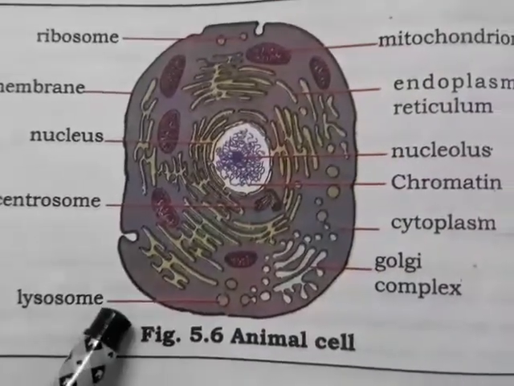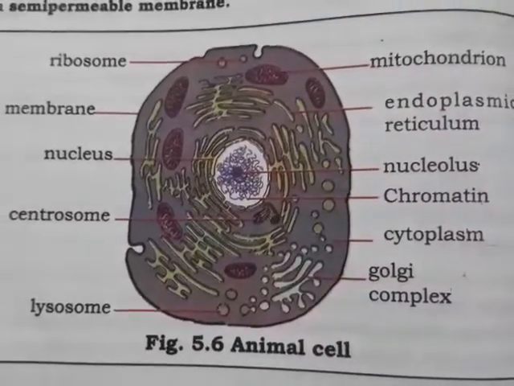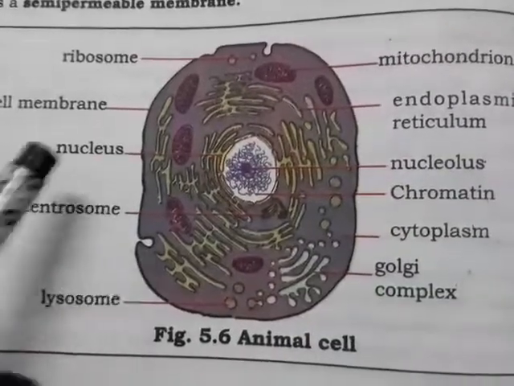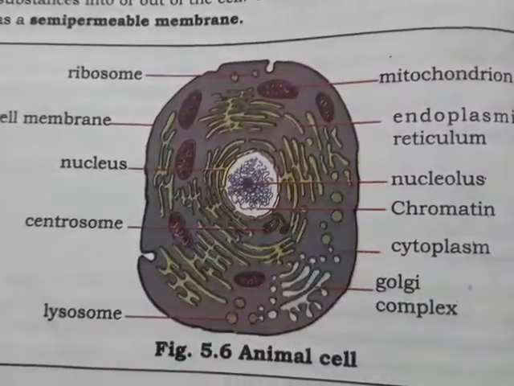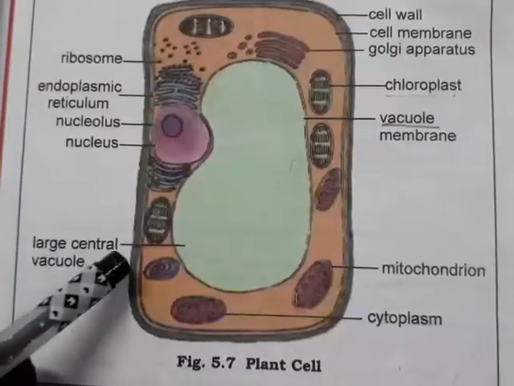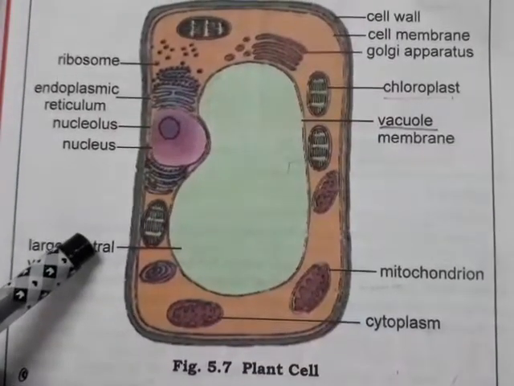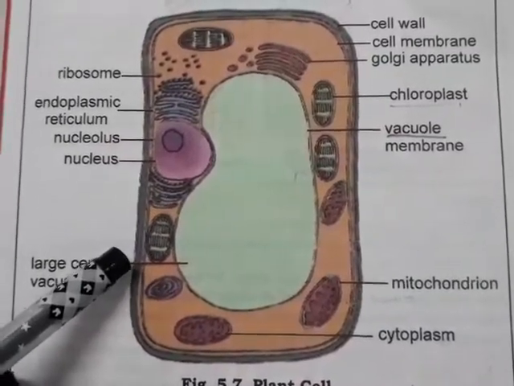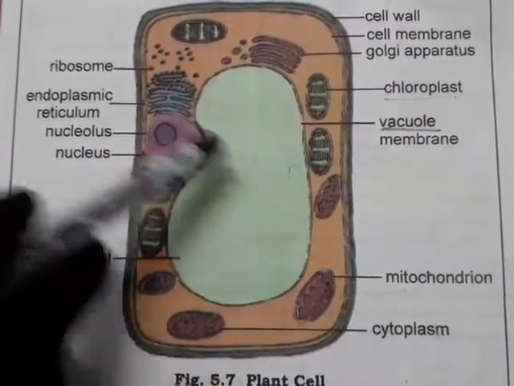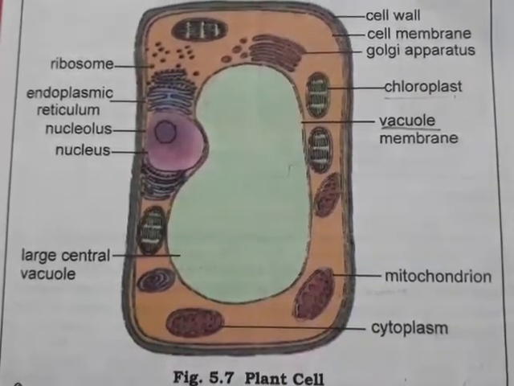In the animal cell there are small vacuoles. Here you can see the small ones. The vacuoles are very small in the animal cell. In plant cells, vacuoles are full of cell sap and provide turgidity. It is very big and gives strength.